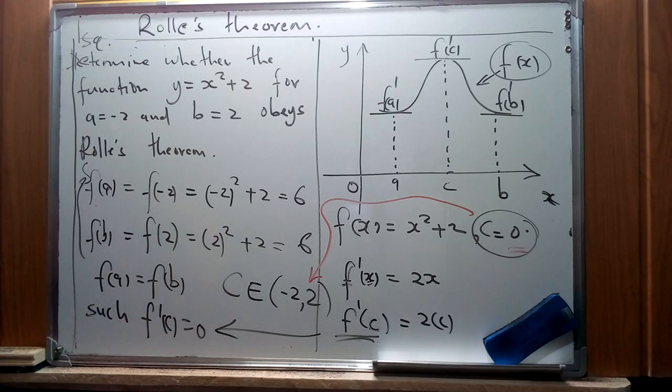This is how we're going to treat other similar questions that we come across that pertain to the concept of Rolle's theorem, which is a special case of Lagrange's mean value theorem that we've already discussed in one of our videos.